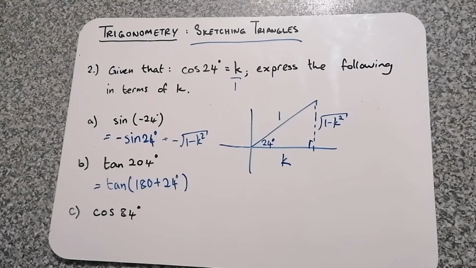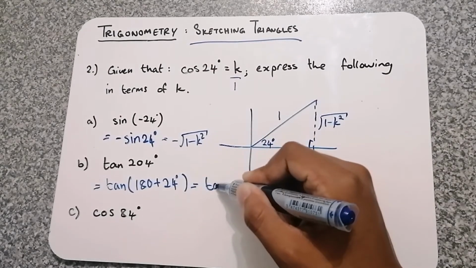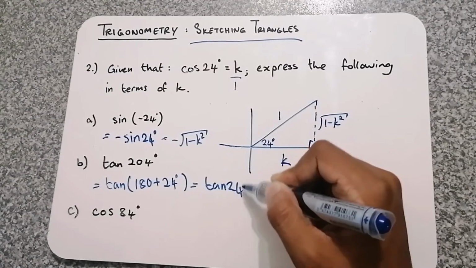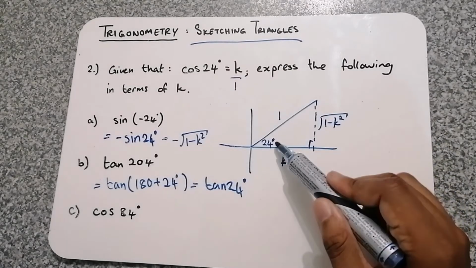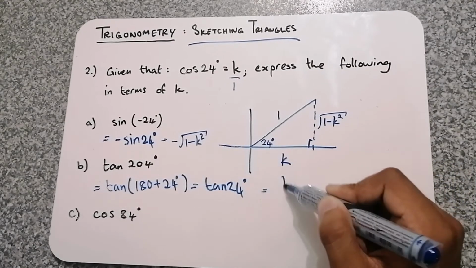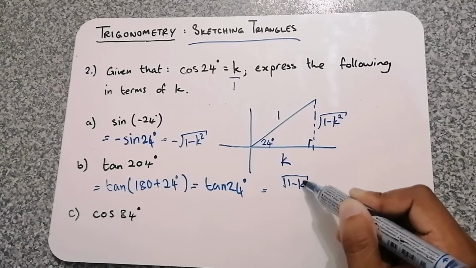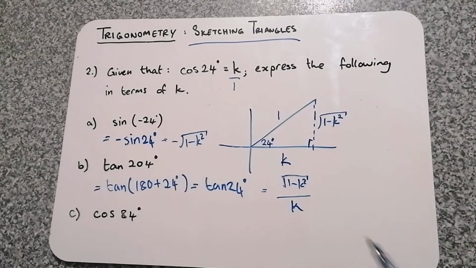And since tan is positive in the third quadrant, this remains positive tan of 24 degrees. Okay, now tan of 24 degrees would be the opposite value over the adjacent value. So it will be the square root of 1 minus k squared divided by k. Okay, that's your opposite. This is your adjacent.